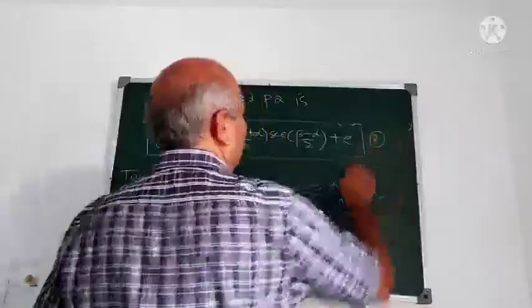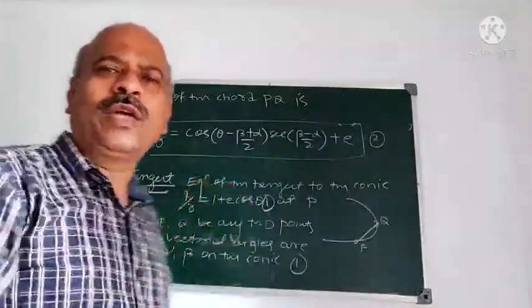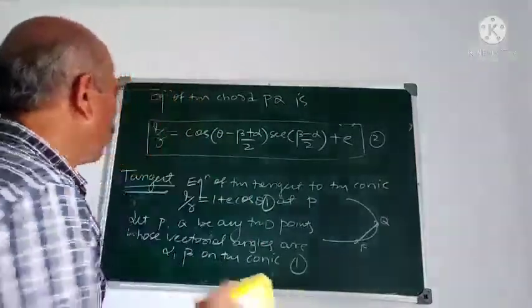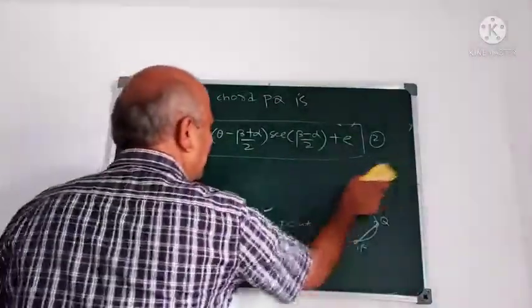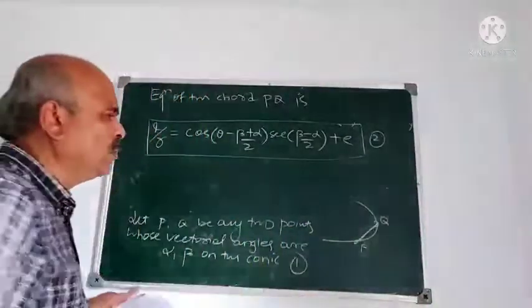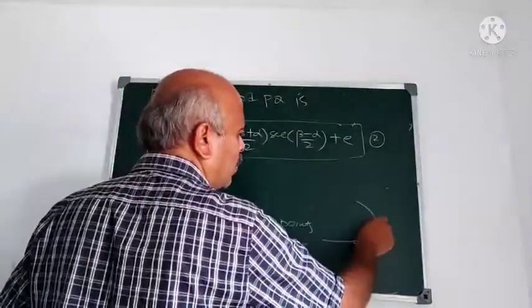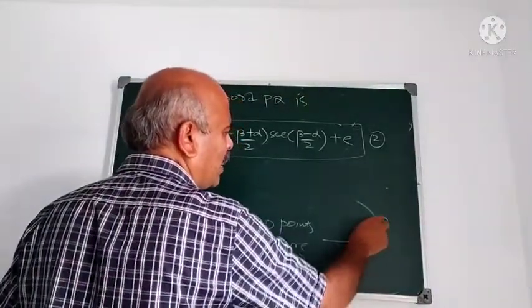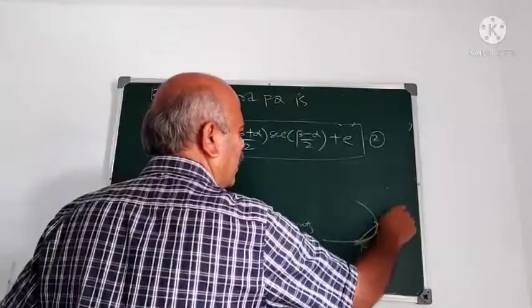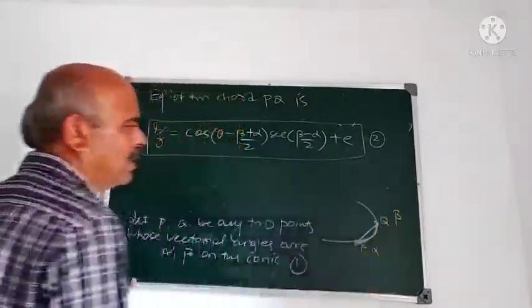Take this as 2. This we have just derived. This is the equation of the chord, but we require a tangent here. The chord PQ becomes tangent to the curve when Q approaches P along the curve. When Q approaches P, the vectorial angle beta becomes alpha.